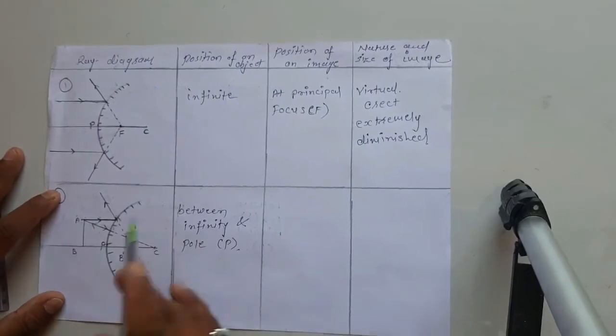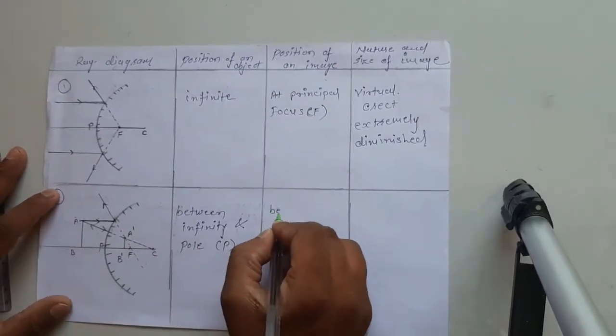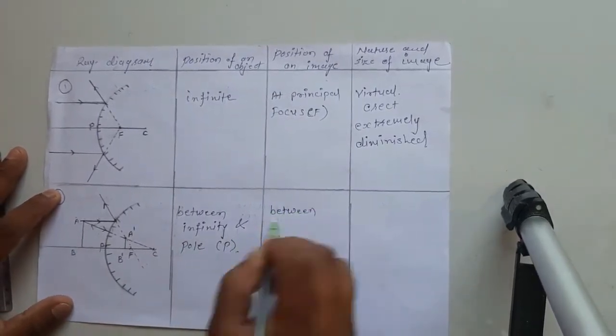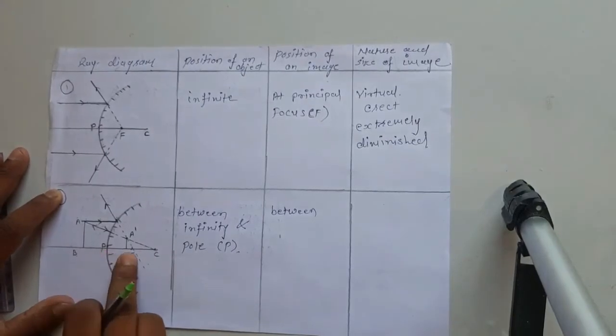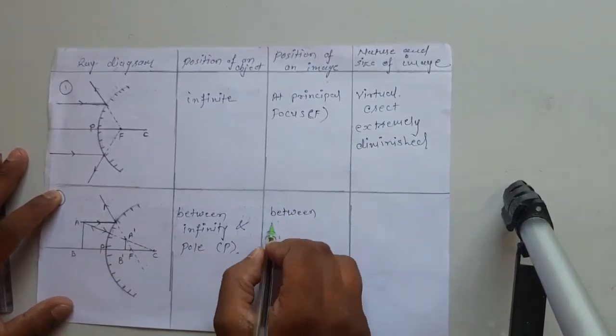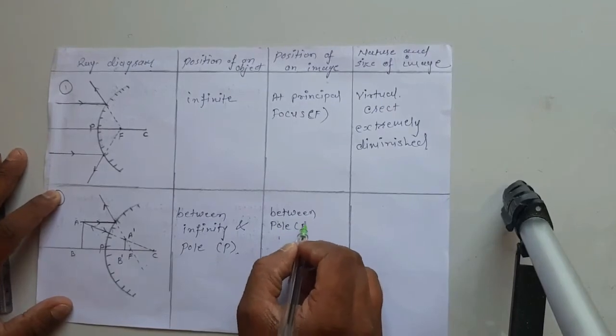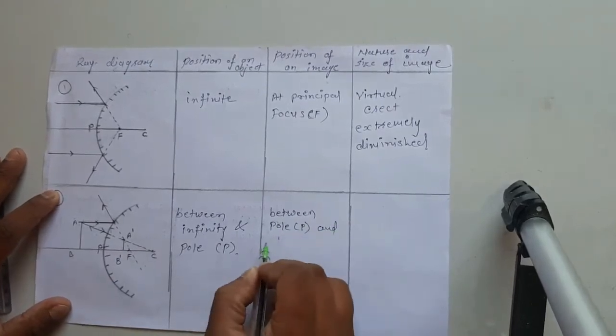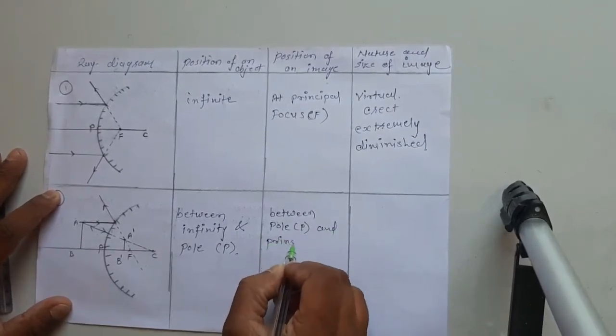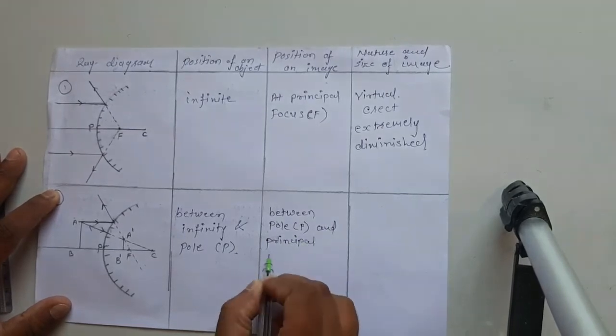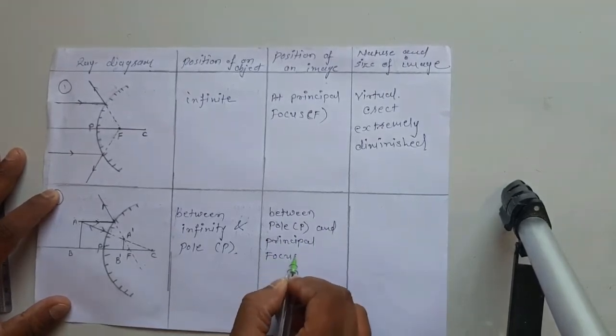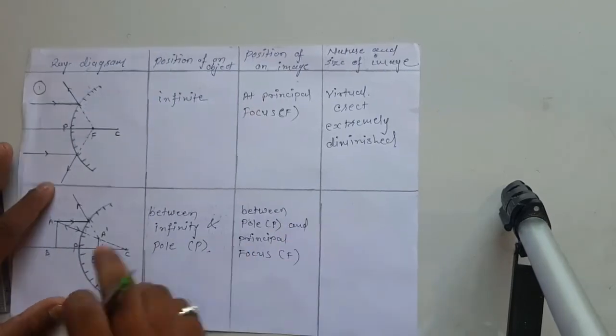So where we are getting the image, it is between pole P and principal focus F. How is the image?